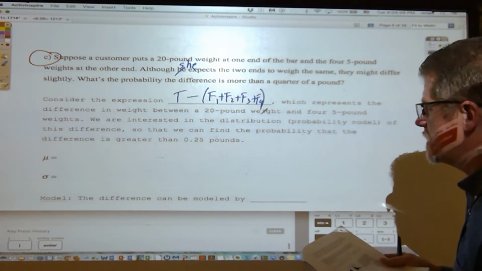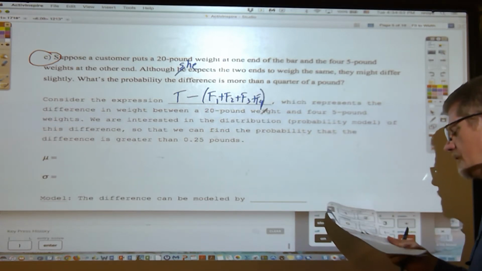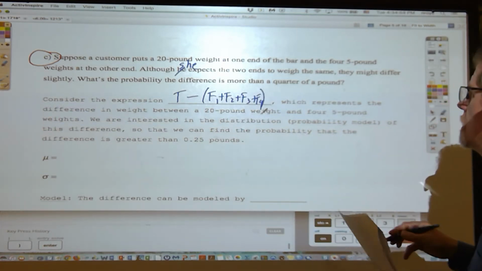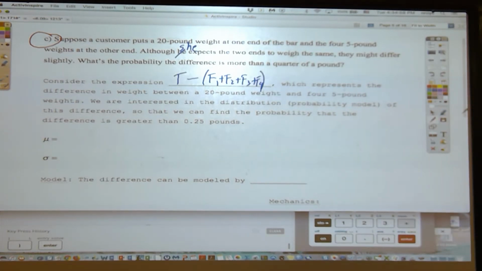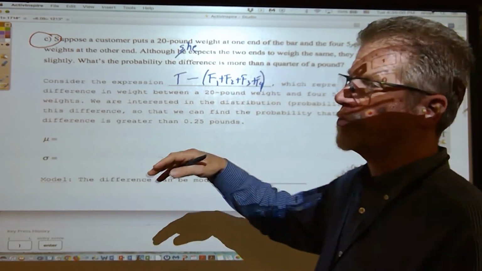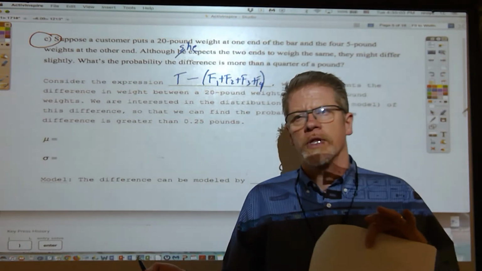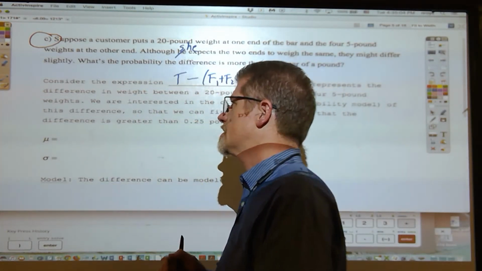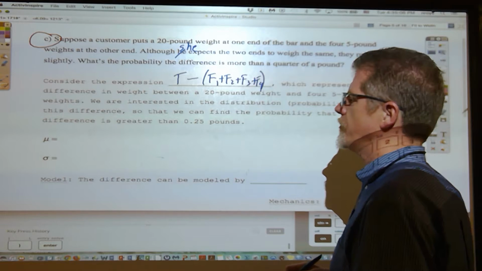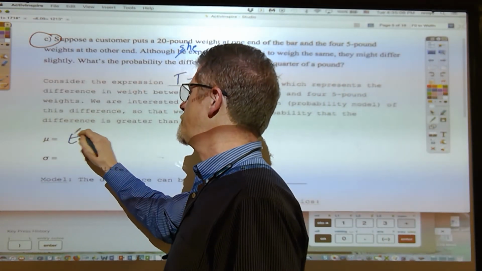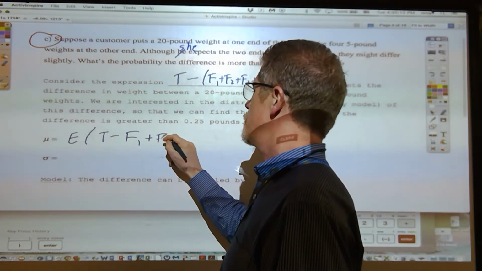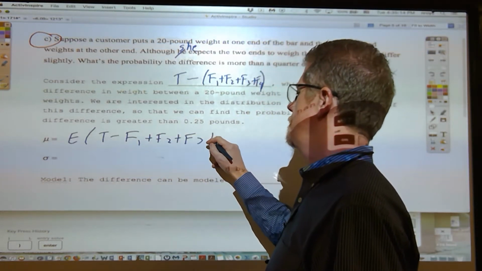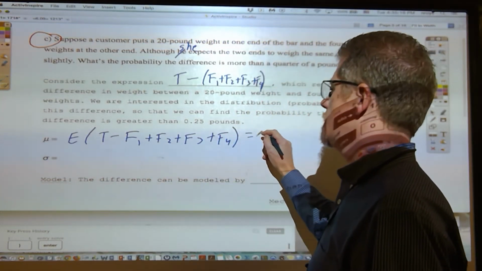Now, I have a feeling that you'll find the hardest part of this problem to be the fact that the difference could be a quarter pound too heavy or a quarter pound too light. Now we expect the difference, the expected value of T minus F1 plus F2 plus F3 plus F4, to be equal to 0.